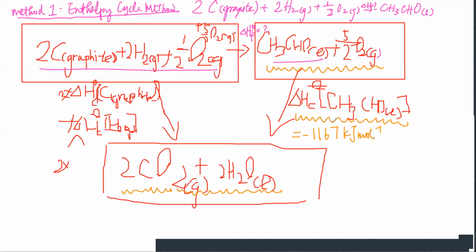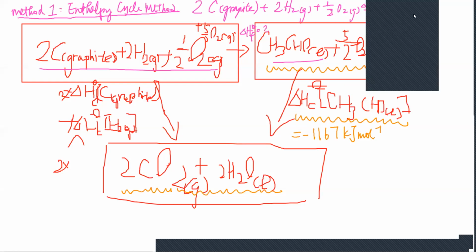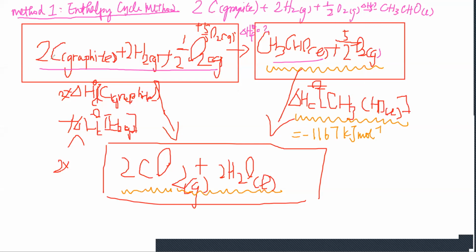What's next is those other items. You are going to have two graphite. They would use 2 oxygen to react, so here comes 2 times the combustion of graphite to form 2 carbon dioxide. So we have 2 times 2 here.